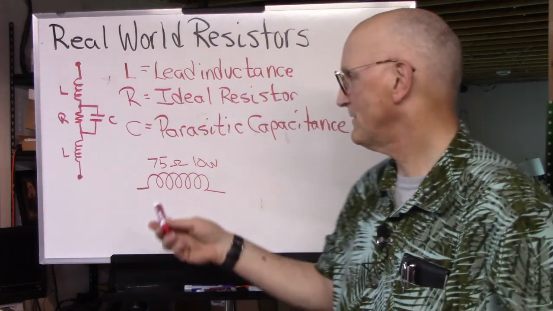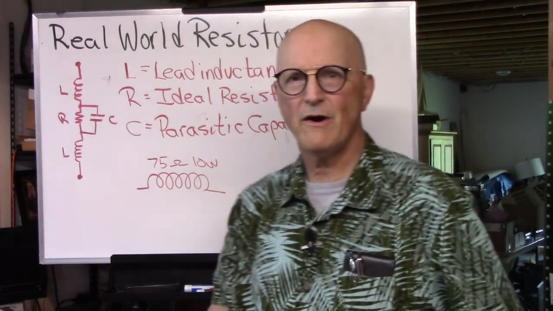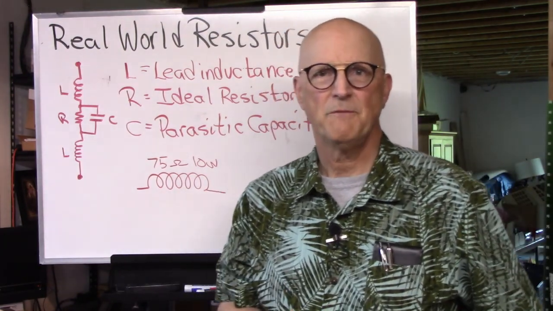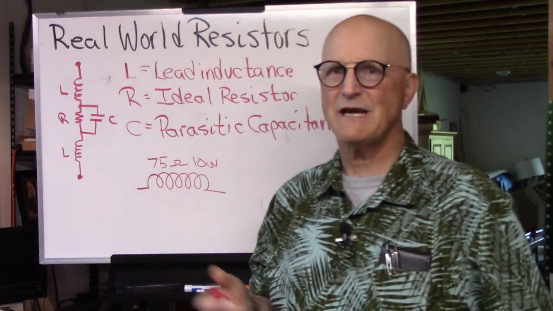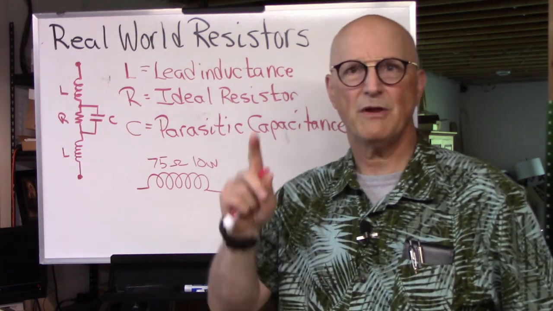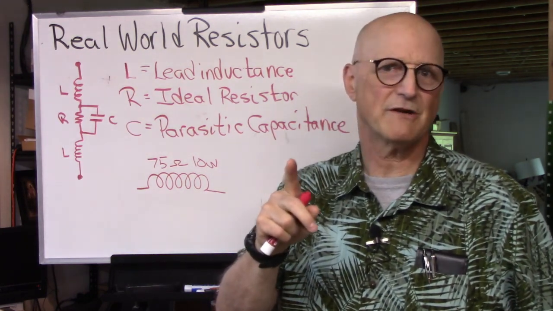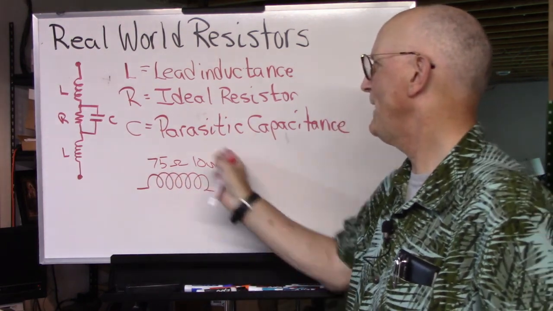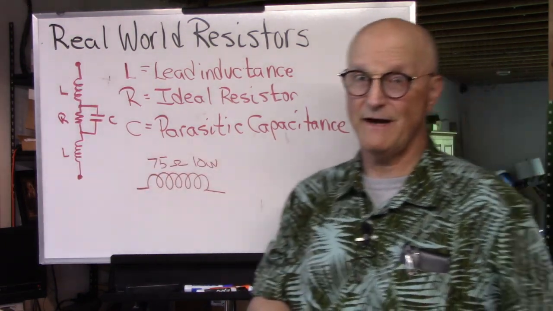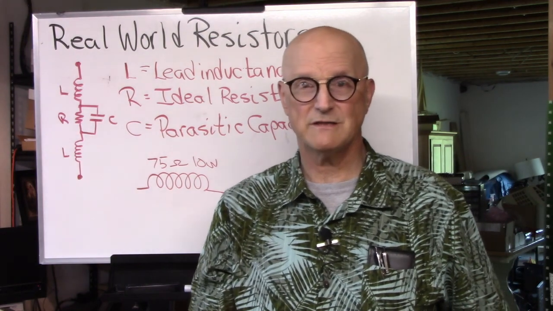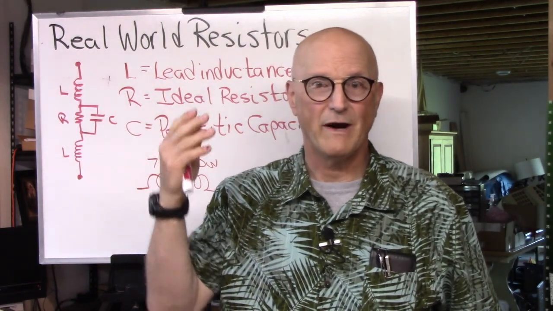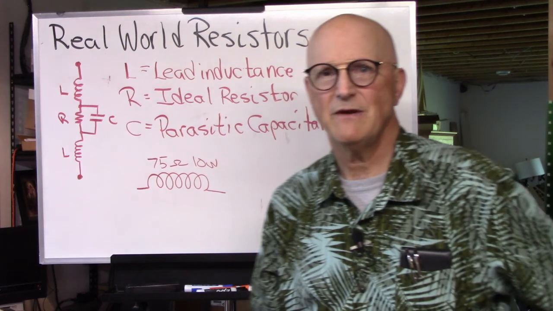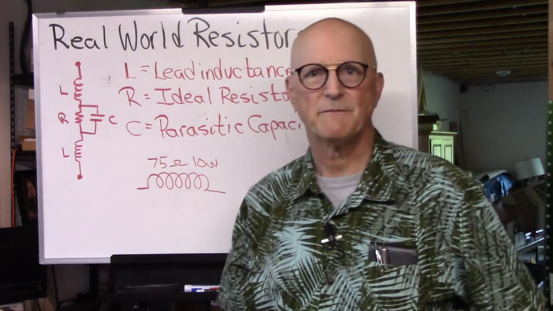At 1 megahertz, my 75 ohm wire wound resistor came out with 74.5 ohms plus the reactive portion of 21 ohms. So the actual impedance of my 75 ohm wire wound resistor at 1 megahertz was about 77.4 ohms.